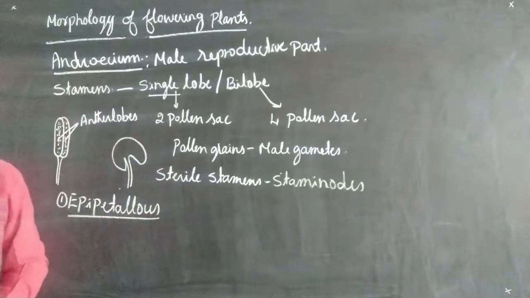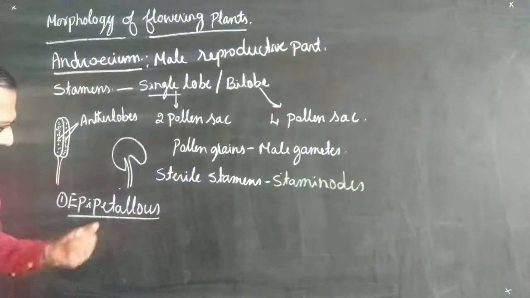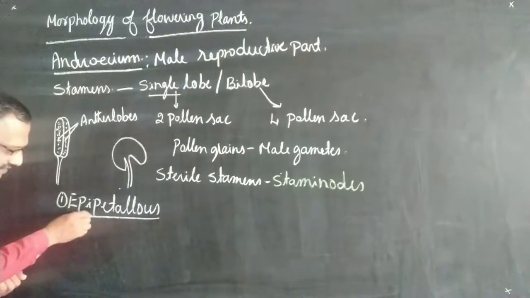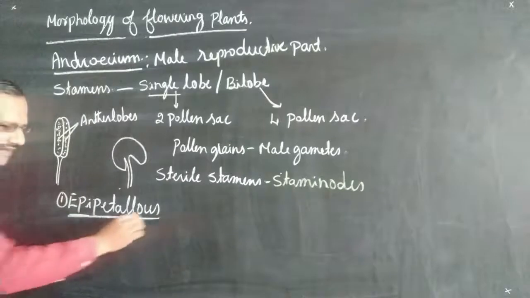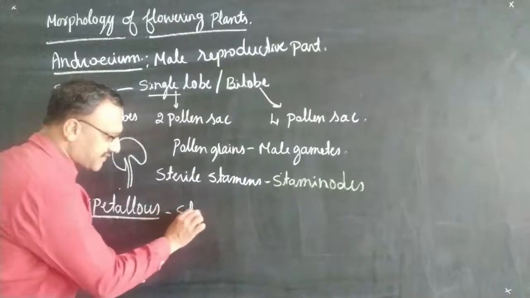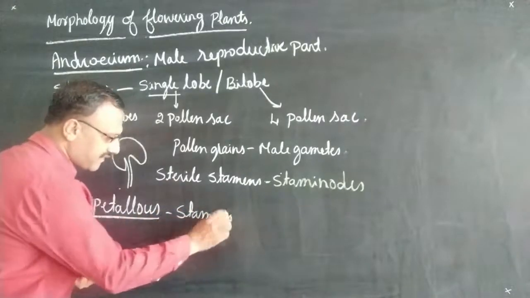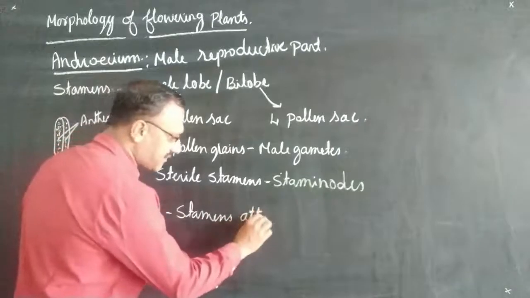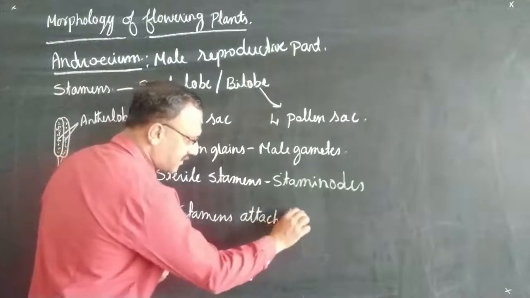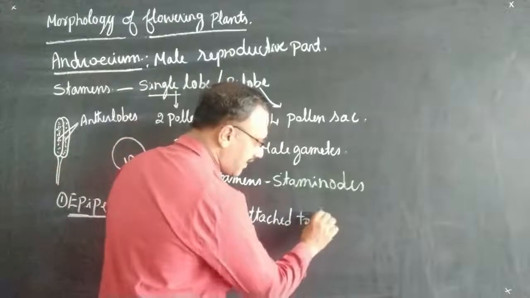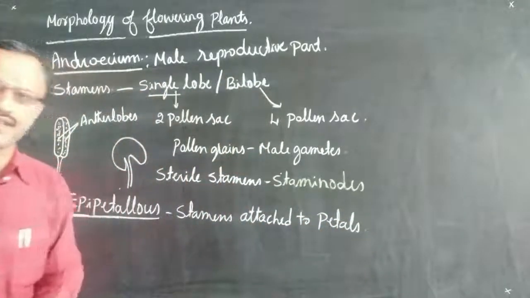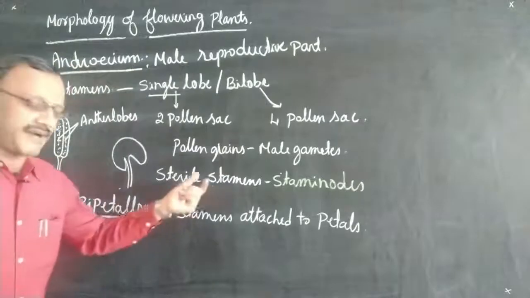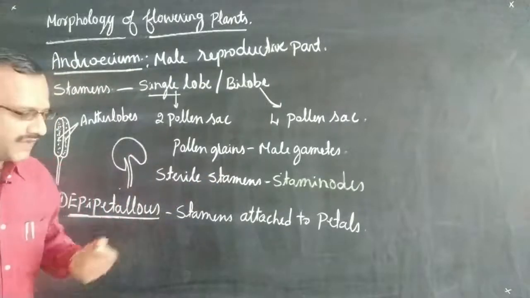The word epipetalous indicates epi means upon, relating to petals. Here, stamens are attached to petals. Such a condition is called epipetalous condition.